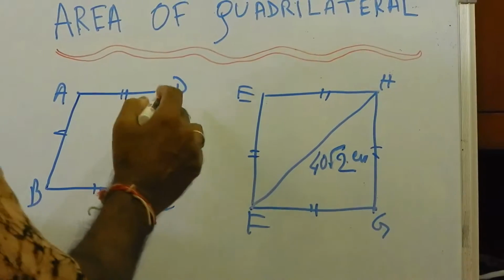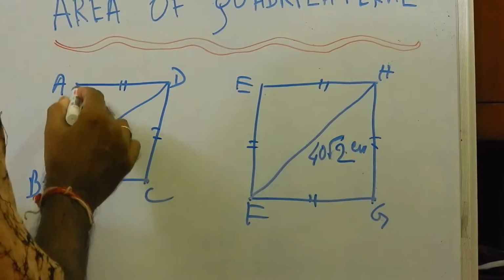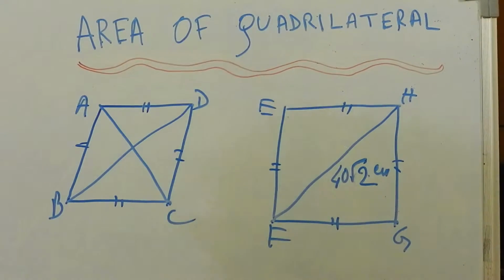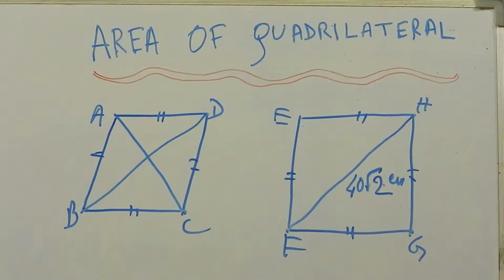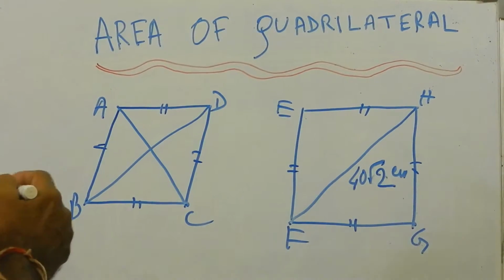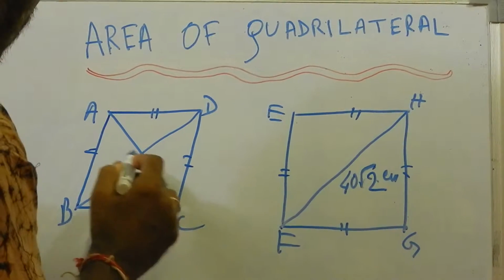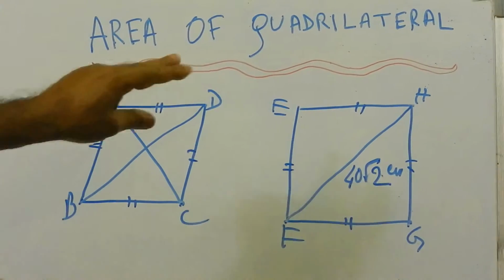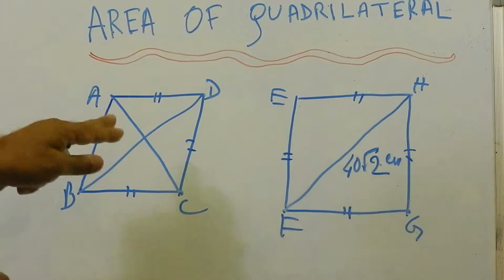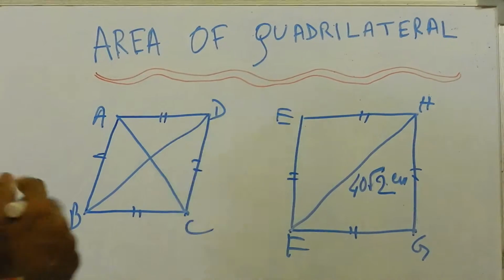The rhombus has its diagonals AC and BD, and the lengths of AC and BD are in the ratio 3:4.